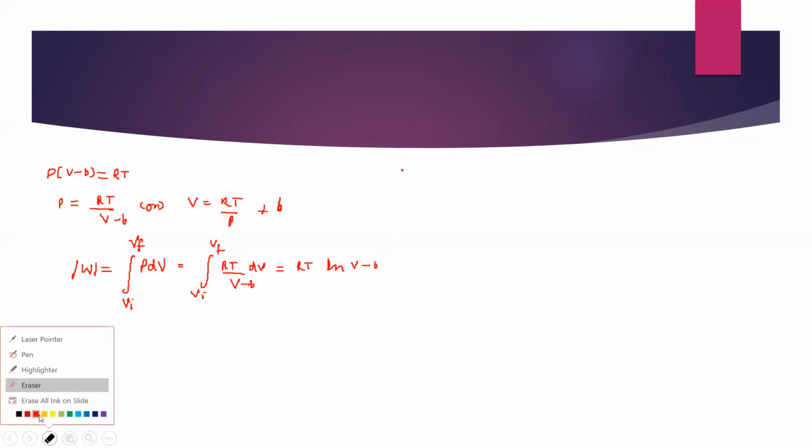Since it's the modulus of work done, we are going to take the integral of P dV, and when we solve, P is equal to RT upon V minus B. So this is RT dV upon V minus B from Vi to Vf, which when integrated gives RT ln(V minus B).